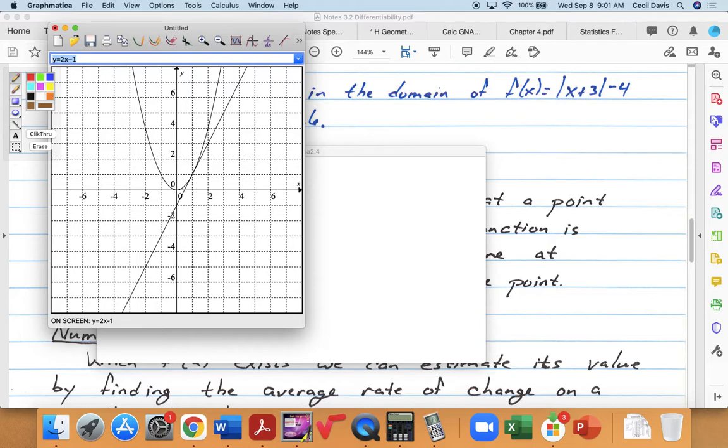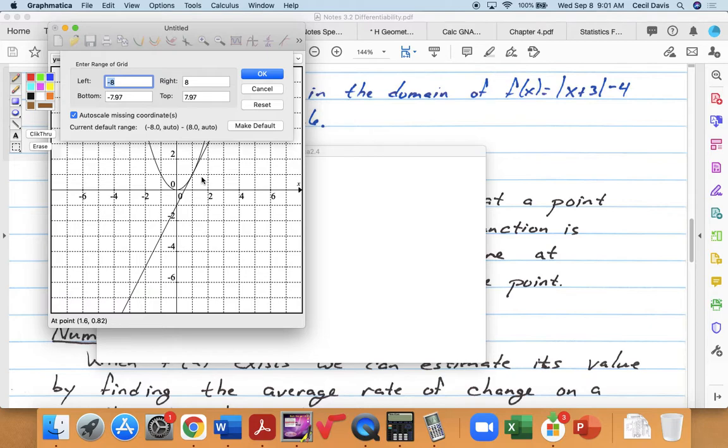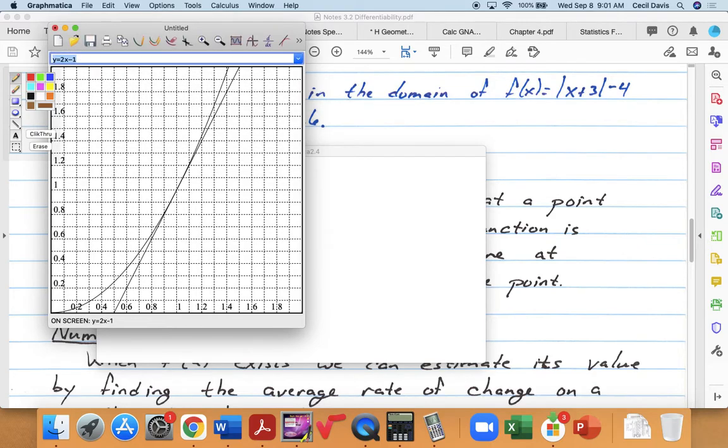Okay? All right. So what I'm saying is if we zoom in on this point right here, so I'm going to change this, go from 0 to 2 and 0 to 2. Do you see how the tangent line and the graph are almost exactly the same?